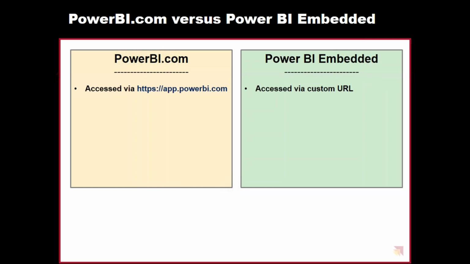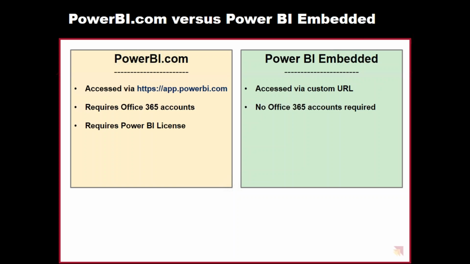When we use Power BI Embedded, users access your application through whatever URL you would like to configure for your application. Another problem with PowerBI.com for some scenarios, it requires Office 365 accounts, where Power BI Embedded does not. PowerBI.com requires Power BI licenses, whether it's the free license or the $10 per month license, you have to buy one. And with Power BI Embedded, no user license.